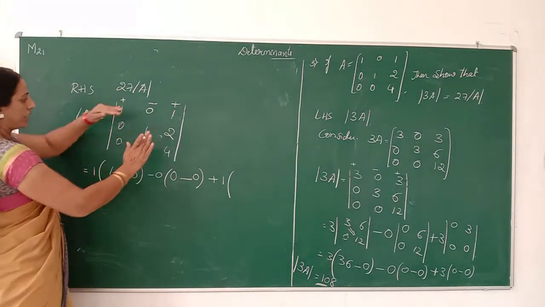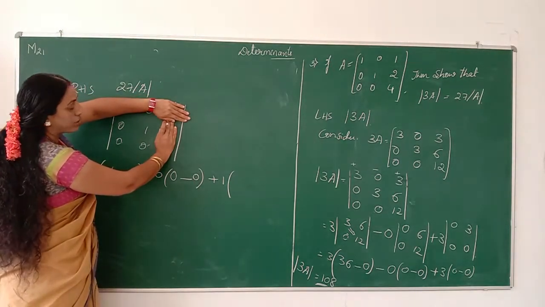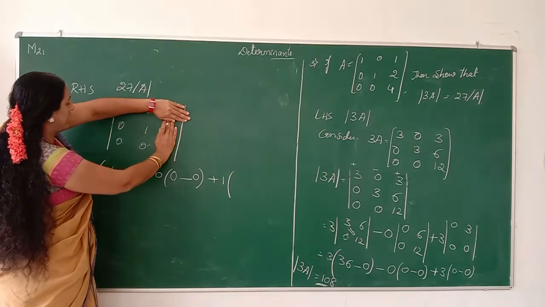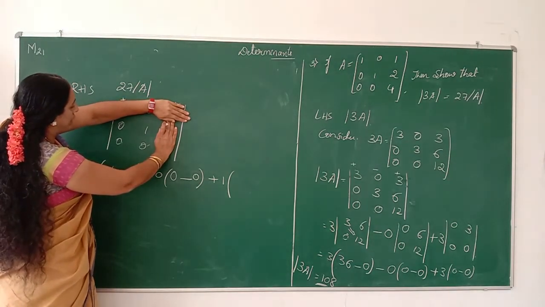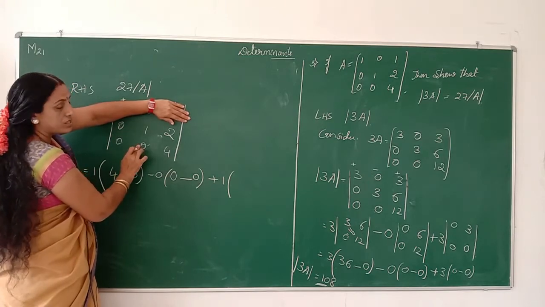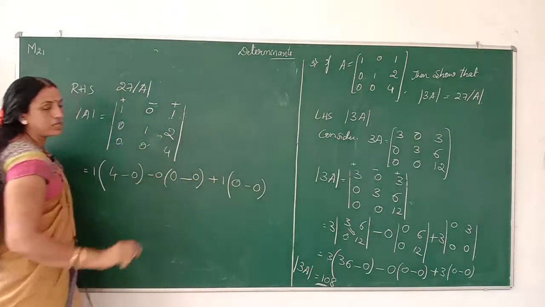Similarly, the third element is nothing but 1, an element of the first row and third column. These are also neglected, and the remaining elements are 0, 1, 0, 0, which are cross multiplied. The left diagonal is 0 and the right diagonal is also 0, so 0 minus 0.